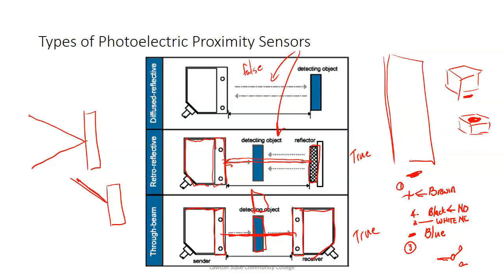Now the problem is the wires are not numbered. A lot of them have a screw-in plug, so a lot of them are set up to be repaired. They'll have a little plug that screws on that connects the 3 or the 4 wires.